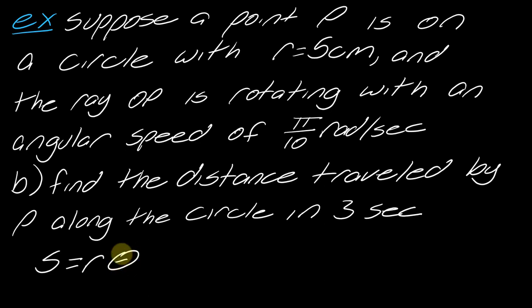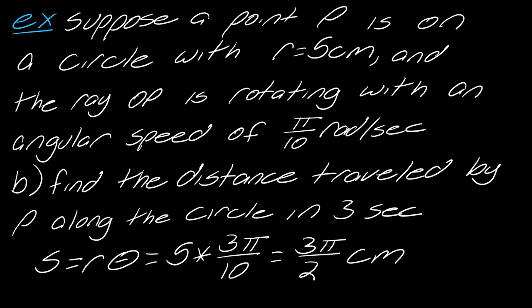Since I know the angle generated in those 3 seconds, I can just use that angle with the arc length formula. So this will come out to 5 times 3 pi over 10. I just reused the answer that I had before, and this will come out to 3 pi over 2 centimeters.